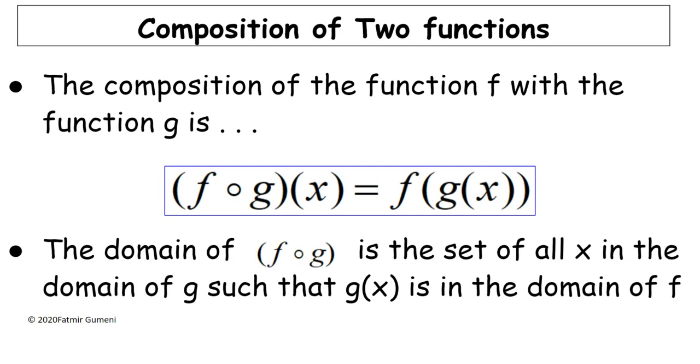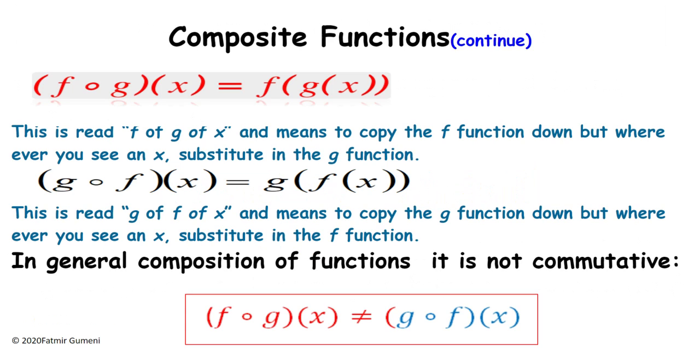Composition of two functions. The composition of the function f with the function g is f compose g of x equals f of g of x. The domain of f compose g is the set of all x in the domain of g such that g of x is in the domain of f. Composite function f compose g of x equals f of g of x. This is read f of g of x and means to copy the f function down, but wherever you see an x, substitute in the g function.